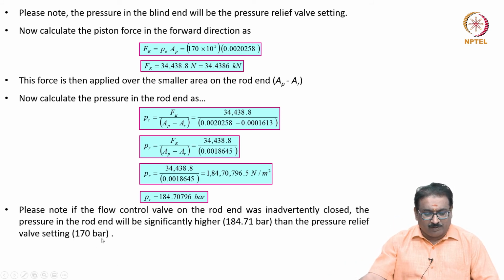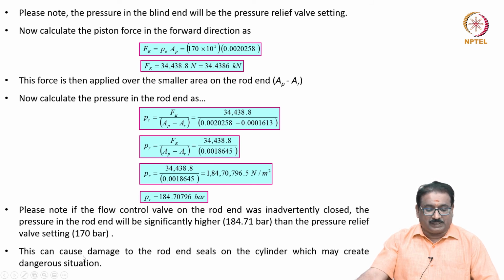So, here please note, if the flow control valve on the rod end was inadvertently closed, the pressure in the rod end will be significantly higher, what I am calculating here, 184.71 bar, than the pressure relief valve setting of 170 bar. This can cause damage to the rod end seals on the cylinder, which may create a dangerous situation.